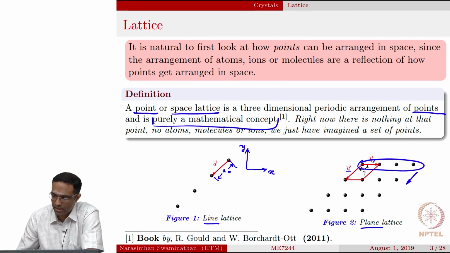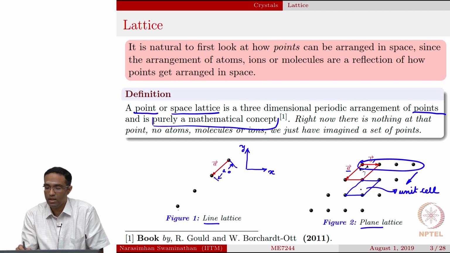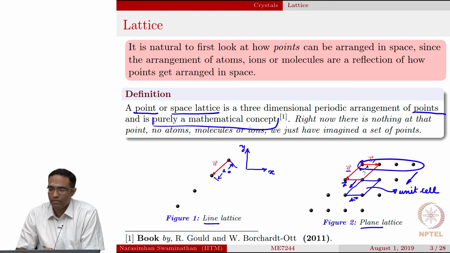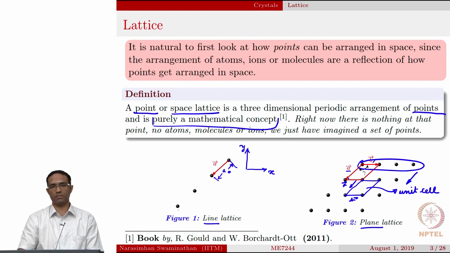So, this is a space lattice, and as you all might be aware, something like this, that is joining all these lattice points, is called a unit cell, and repeating that particular unit cell along these lattice vectors will essentially generate the entire plane lattice for you.